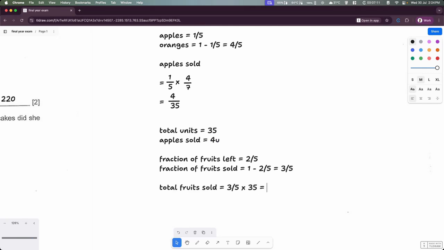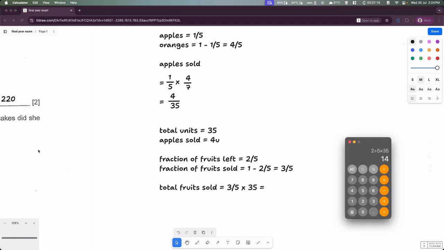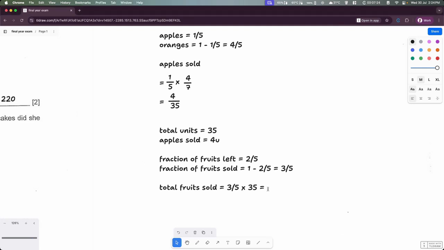Okay, so we can use our calculator, right? So in this case, 3 out of 5 is basically divided by 5, and then you multiply by 35. In this case, it will be 21. So we know that total fruits sold is 21 units.